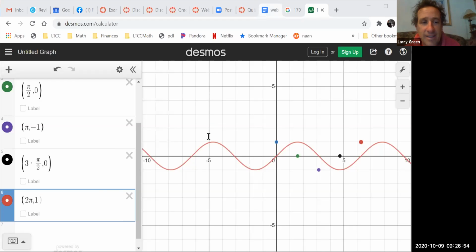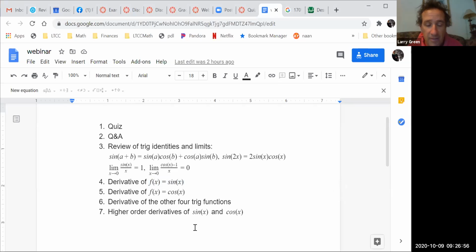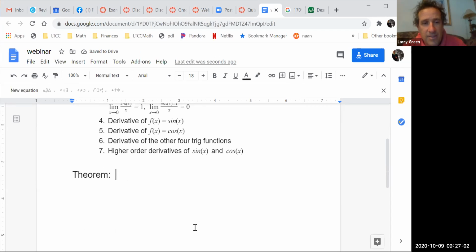Okay, so now let's write down the big theorem and then we'll have to prove it. A lot of times that's how math works: you look at a picture or watch some kind of thing going on, say, yeah, it kind of looks like this, and then you write that down.